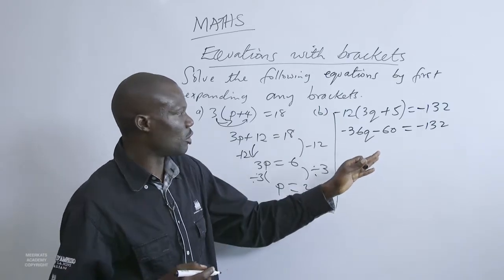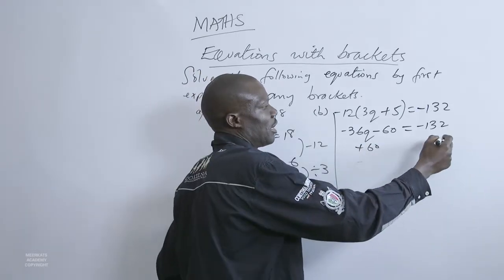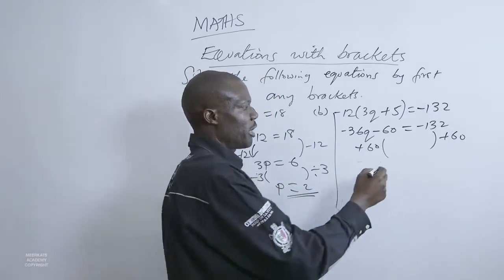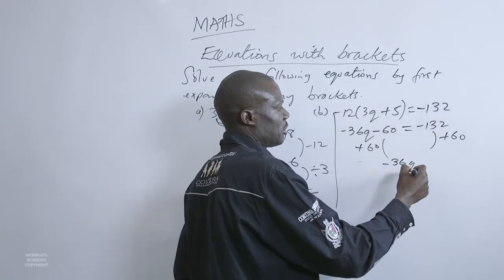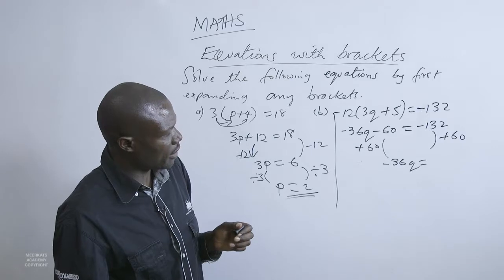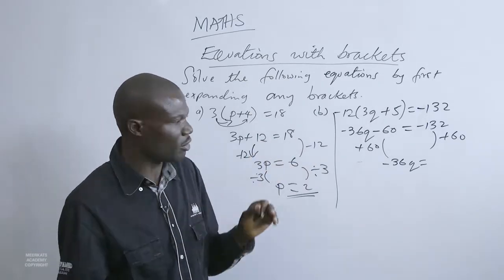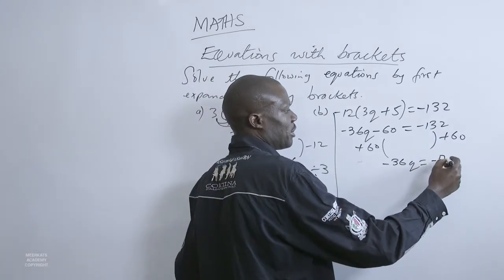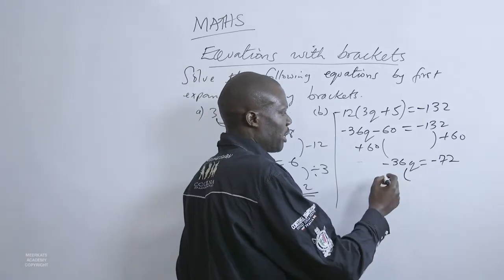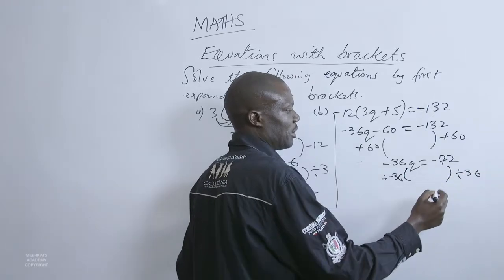Now we go ahead and solve. We shall add 60 on this side and add 60 on that side. So we shall remain here with minus 36q. And on the other side, minus 132 plus 60, which will give us minus 72. Next step, we divide by minus 36 and divide this side by minus 36.